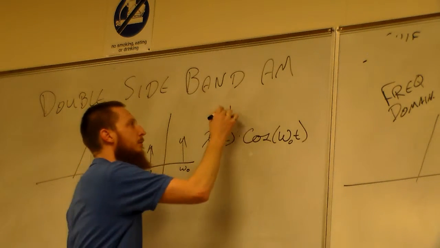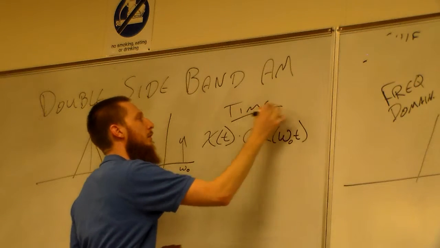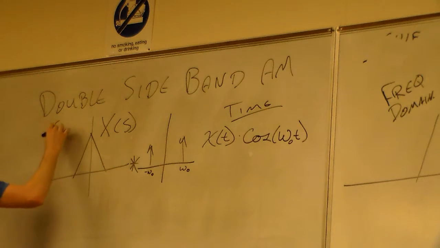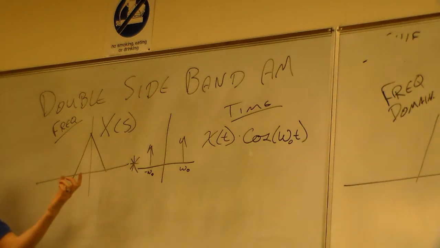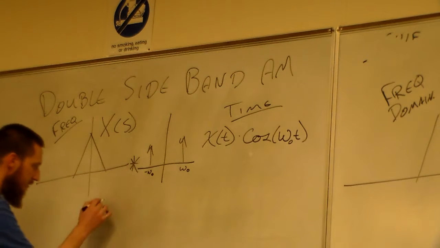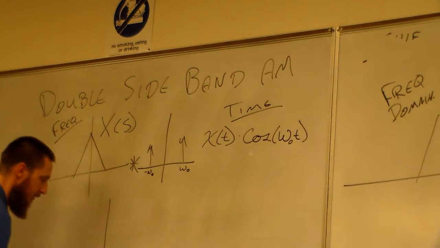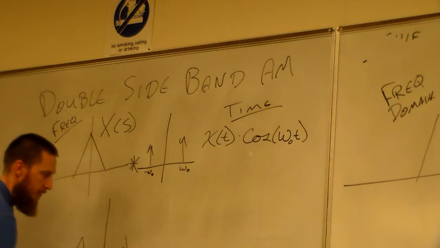This is time domain. This is frequency domain. So if I'm doing multiplication in the time domain, what is that in the frequency domain? Convolution. So if we do the convolution of these two, what do we get? We get two triangles, right?